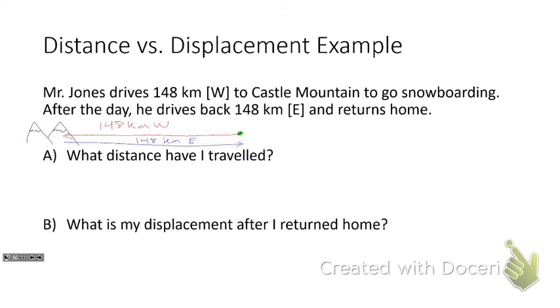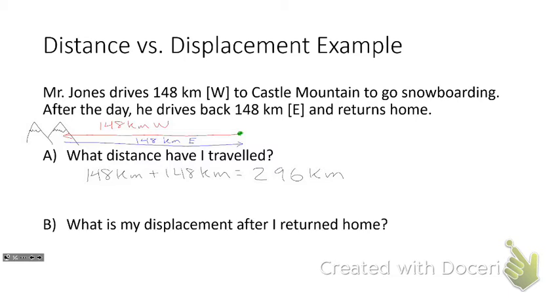So the total distance that I've traveled: I went 148 kilometers west, and I came 148 kilometers east. So it'd be 148 kilometers plus 148 kilometers is equal to 296 kilometers.